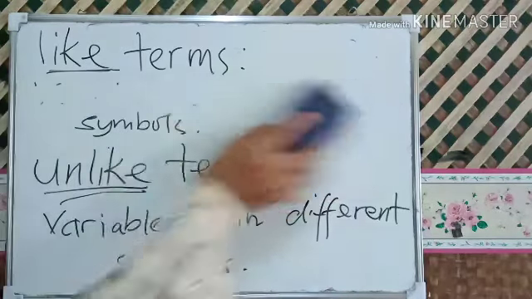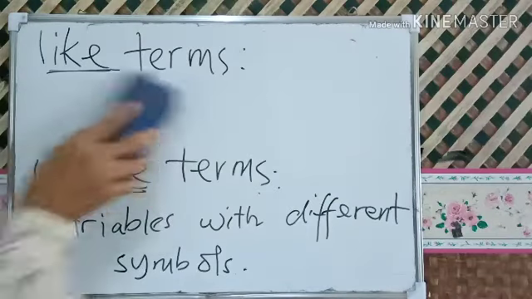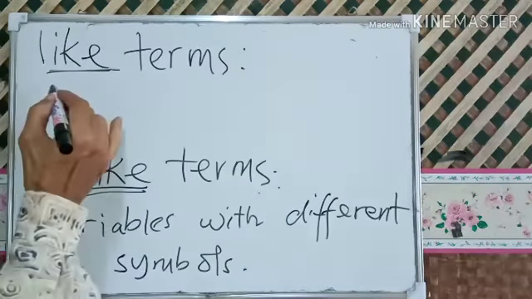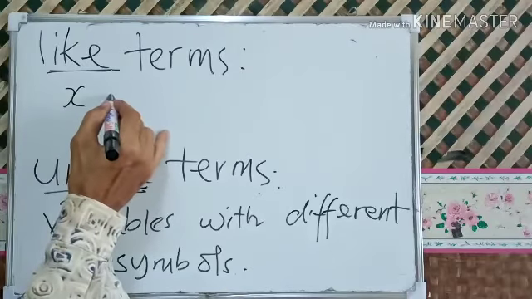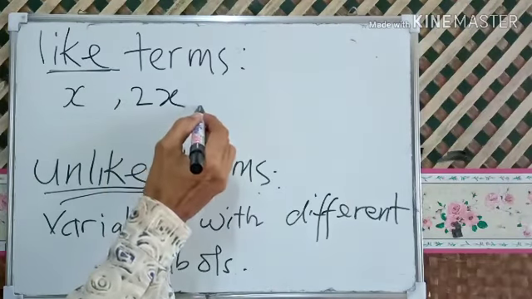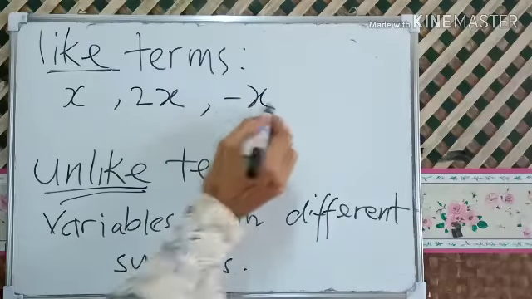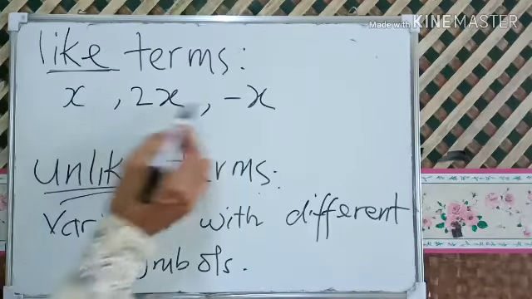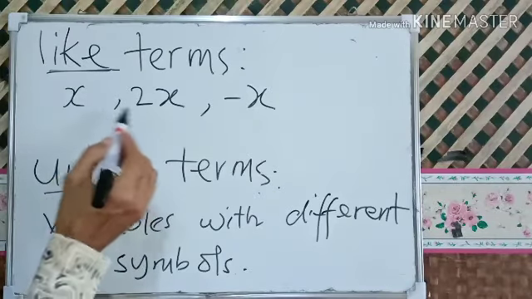Like variables: x, 2x, -x, they have the same symbol. These are like terms. There are 3 like terms.